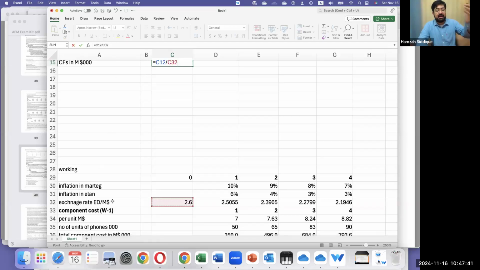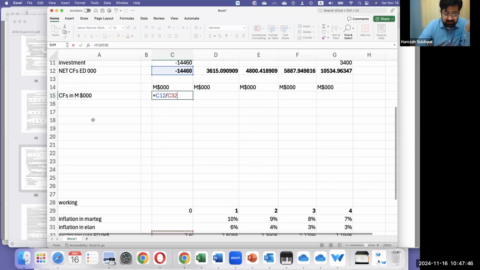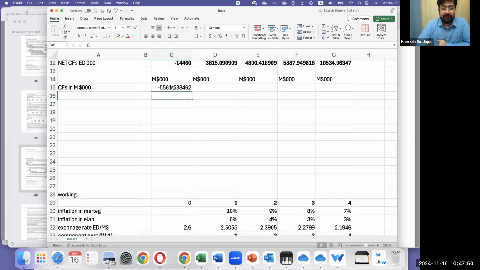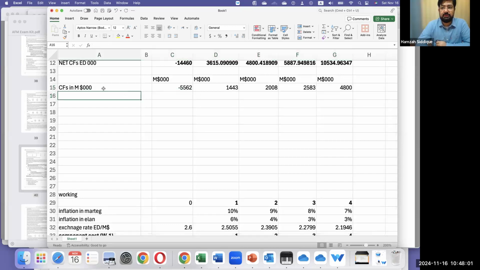ED divided by ED per Martech. Then we get answer, we need answer in Martech. ED divided by ED per Martech. These are the cash flows. And yes, here you go.